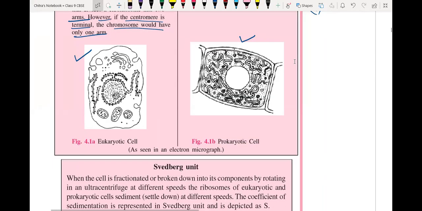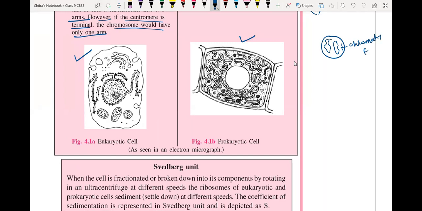See, chromosomes are formed during the time of cell division only. Suppose I'm just drawing the nucleus here. In the nucleus, we have a fiber-like structure which is called a chromatin fiber.